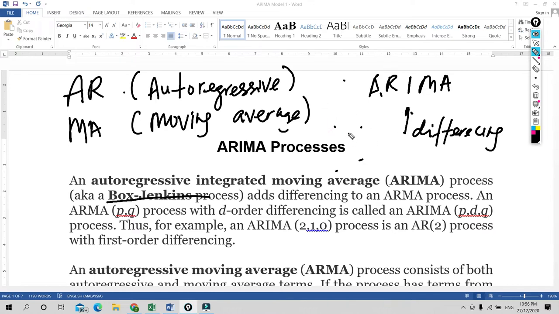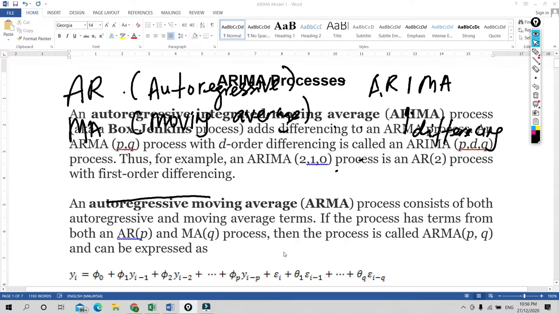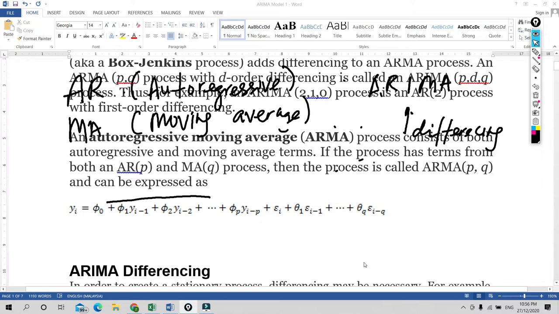So the ARIMA model takes the same terms as the ARMA process. If you refer to the ARMA process, this is the equation for ARMA(p,q). ARMA(p,q) combines two time series models, the AR model and the MA model. This term is the AR model, and this term is the MA model.